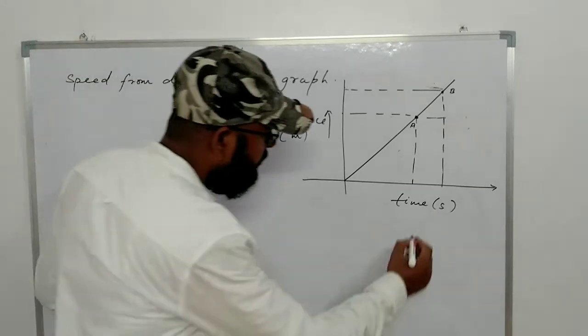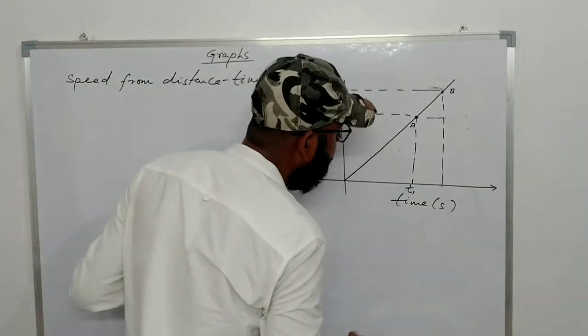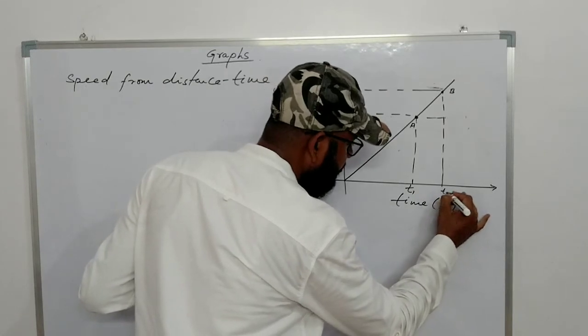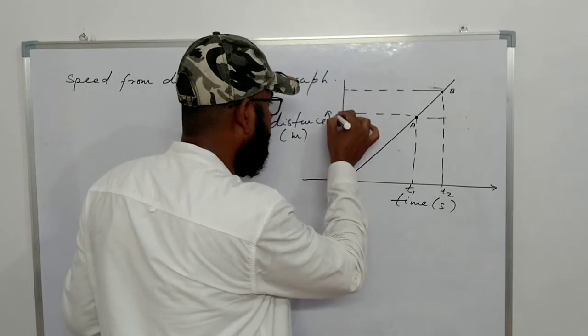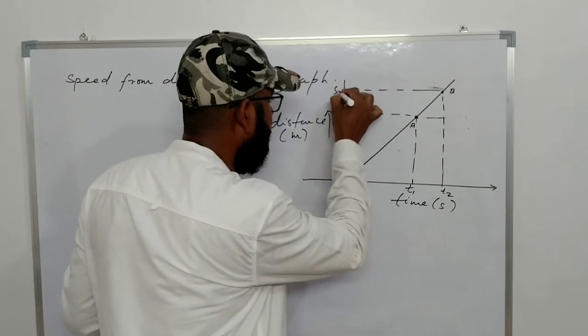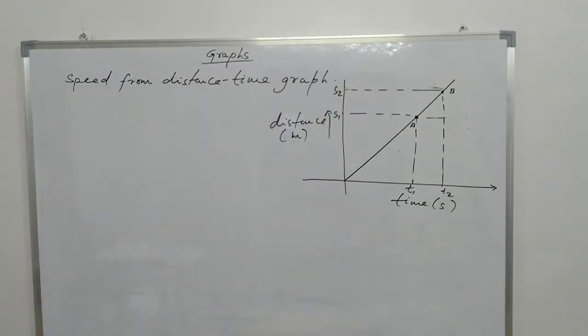Suppose this is time t1 and this is time t2. Here you can say distance s1 and here distance s2. Thus in time t2 minus t1, the distance travelled by the object is s2 minus s1.